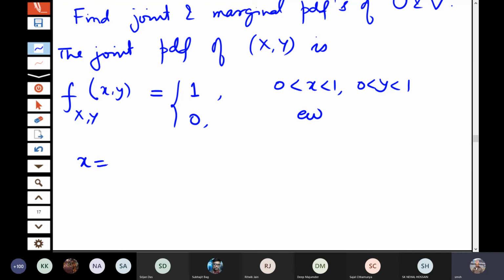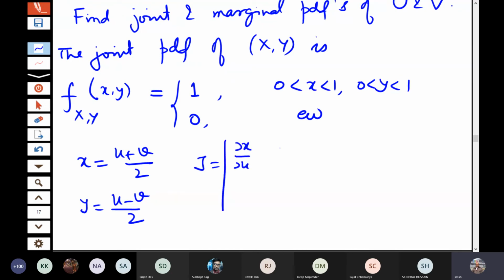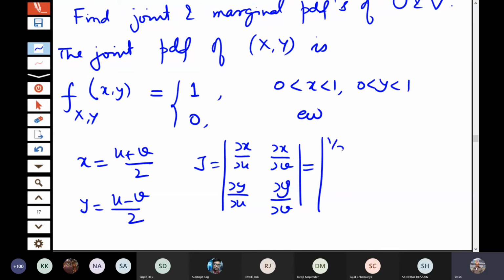So what is the inverse transformation? x is equal to (u plus v) by 2 and y is equal to (u minus v) by 2. So the Jacobian is del x by del u, del x by del v, del y by del u, del y by del v. So we can immediately write down the values: half, half, half and minus half. So that is nothing but minus 1 by 2. So the Jacobian is quite simple.